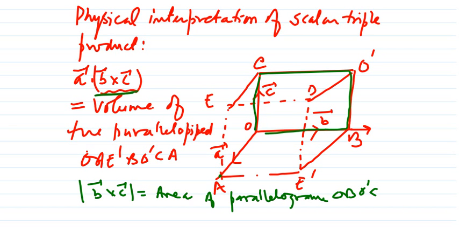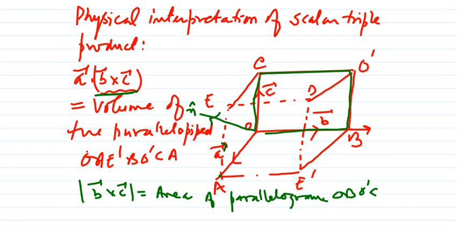So we have to take the projection of this vector A over this base. Suppose this vector is eta cap.